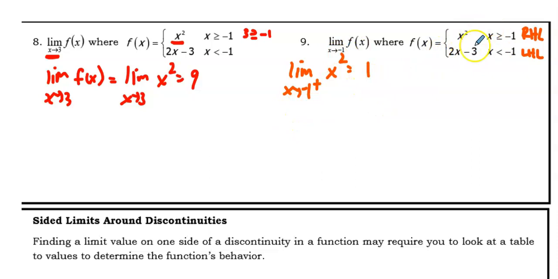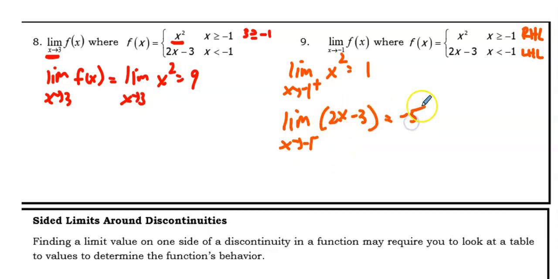So that is our right-hand limit. And so again, if we were graphing this function, we would look at where -1 would be, y would be 1. If I want to look at the limit as x approaches -1 from the left, this would be 2x minus 3. And again, I would plug in -1 here. I get -1 times 2 is -2. -2 minus 3 is -5.